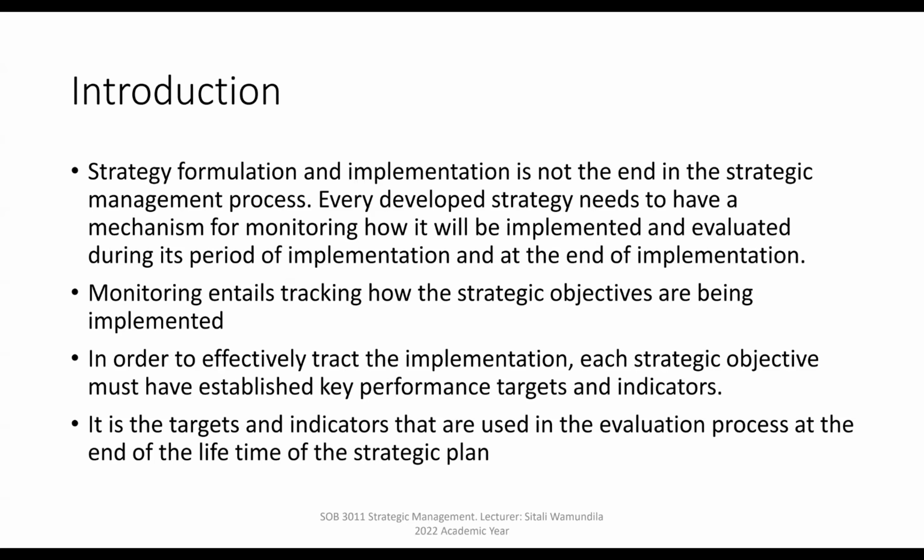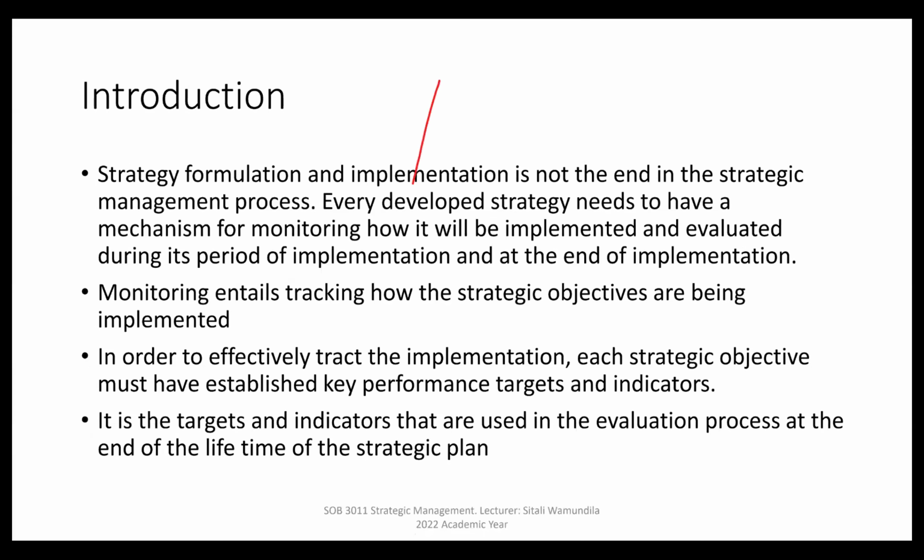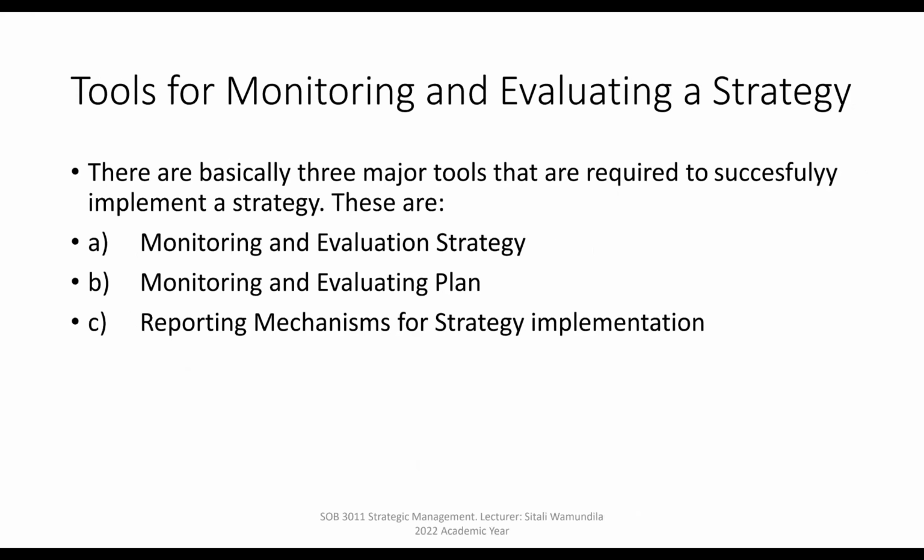We call them the key performance indicators or key performance targets, the KPIs. These indicators are used in the evaluation process at the end of the lifetime of the strategic plan. These key performance indicators measure for us how we have performed as we were trying to pursue this particular objective.